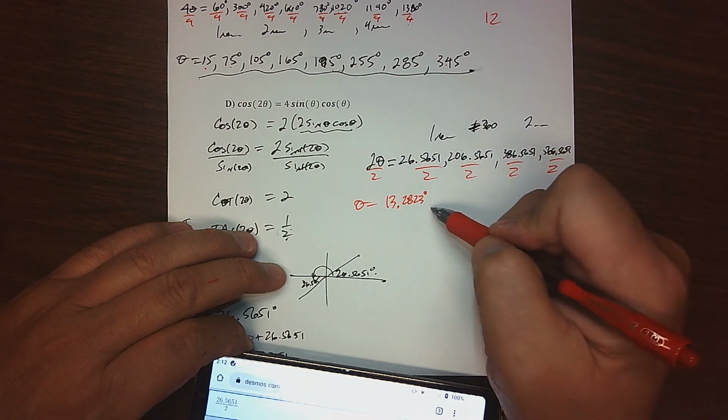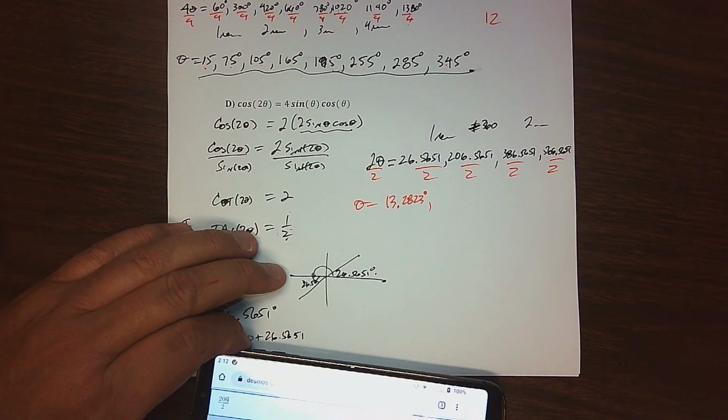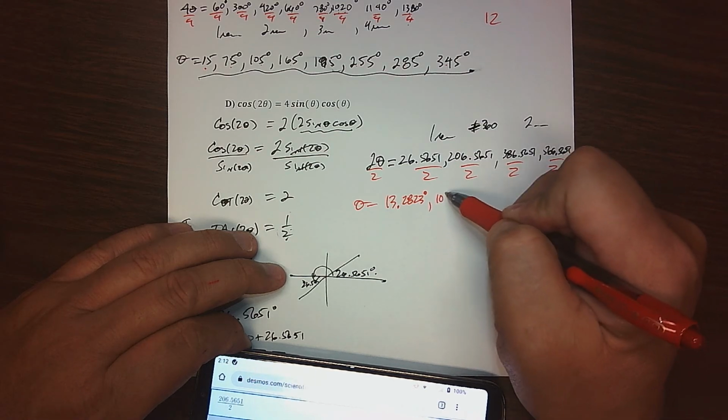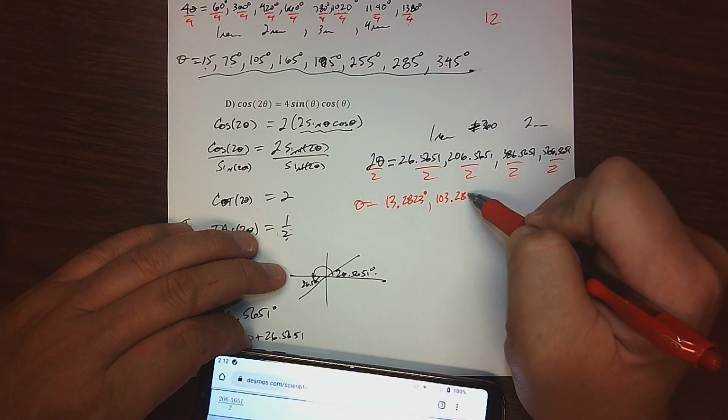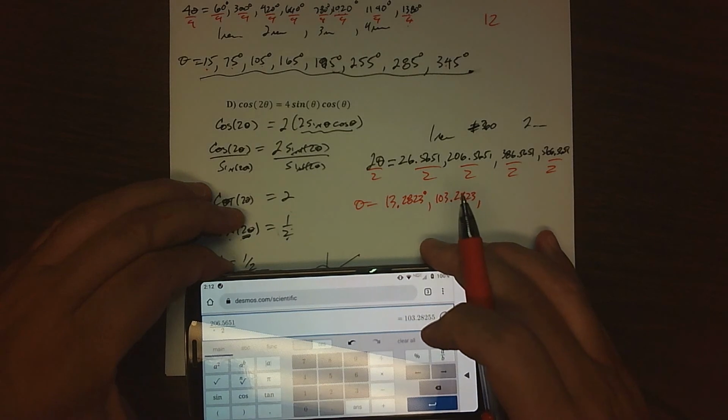So there's one of my angles. The other one is 206.5651, so that looks like 103.2823.